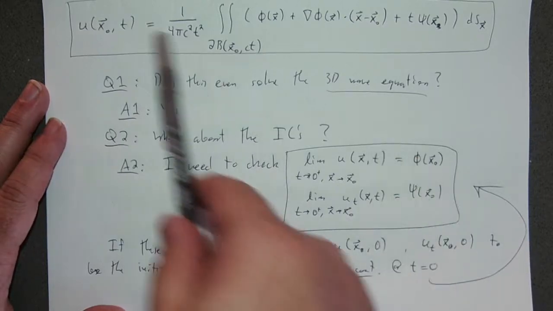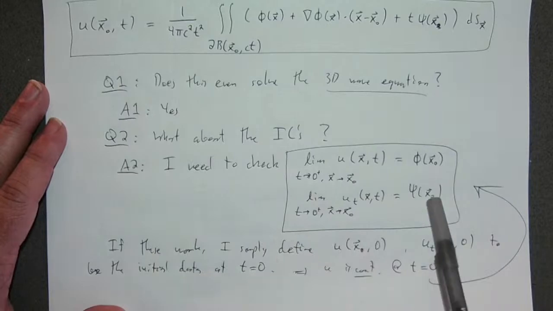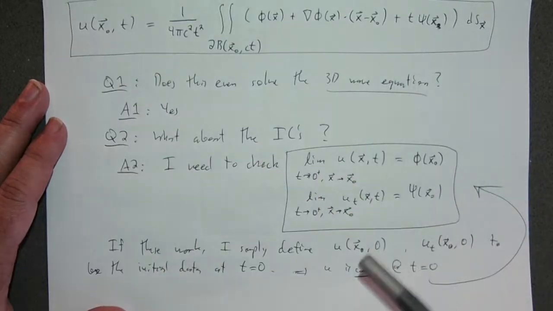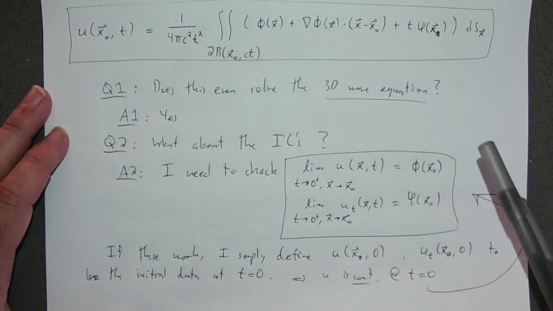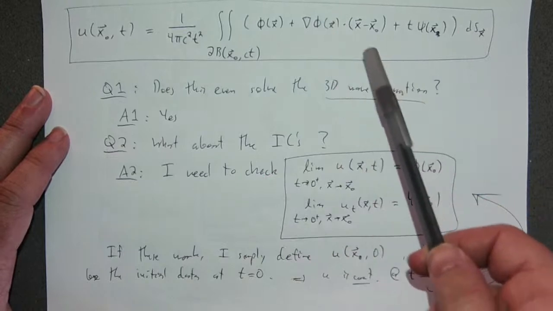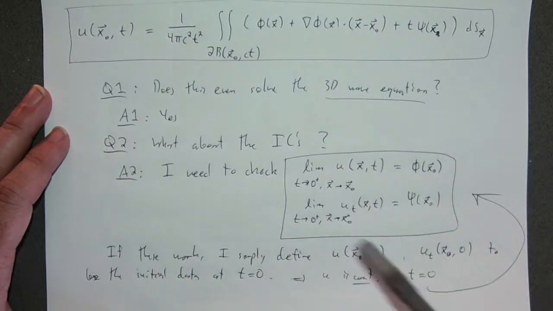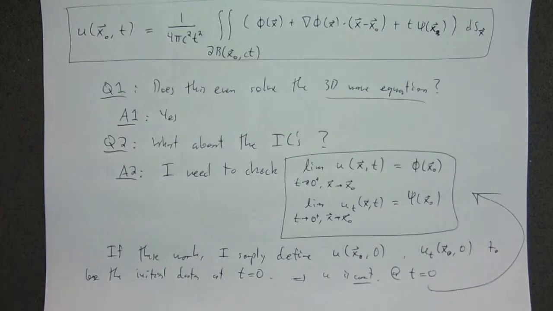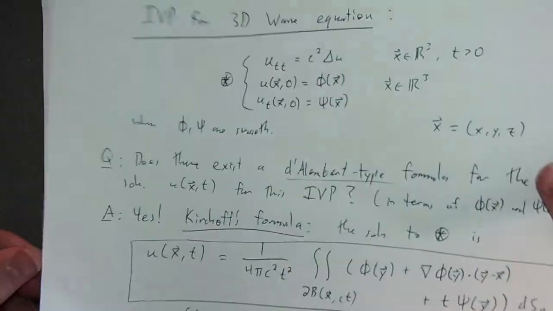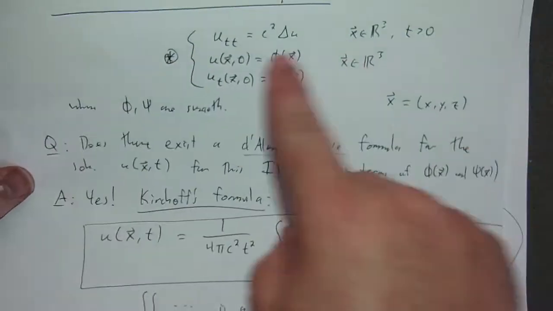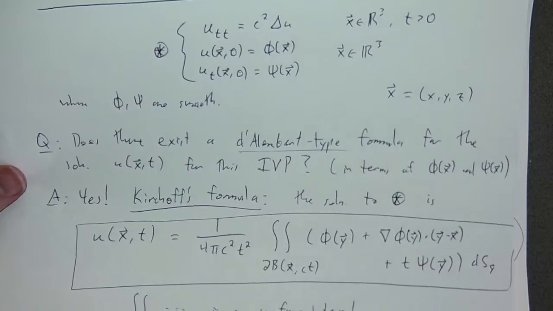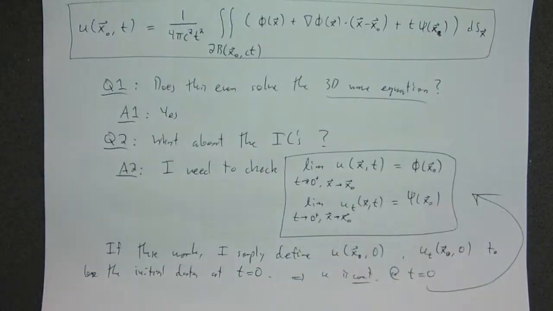If these limits hold true in this formula, and I define u to be this formula everywhere t is not 0, and at t equals 0 I just define it to be the initial data, then what I have is a continuous, regular enough solution defined by this formula that solves the PDE and satisfies these initial conditions, because I've defined it to do this. So I better hope that these things work out.